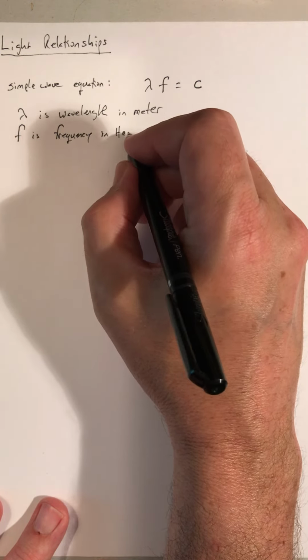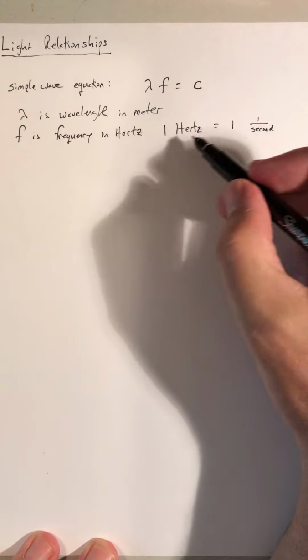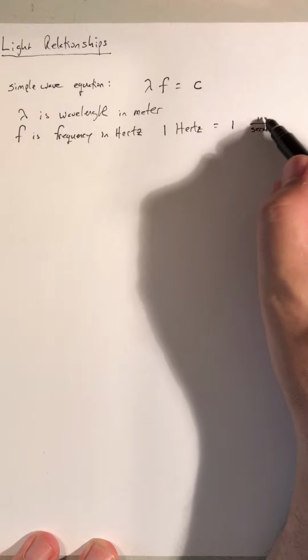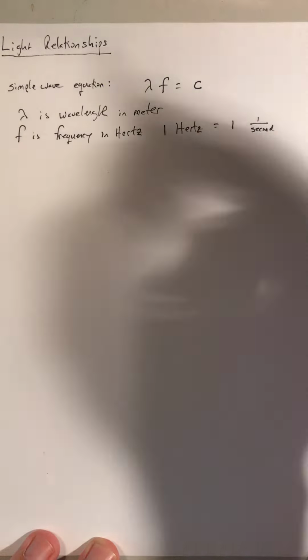And 1 hertz means I have a pattern that is repeating once every second. So you can think of a hertz being cycles per second, and the number of cycles is a pure number, so it's just 1 over a second.